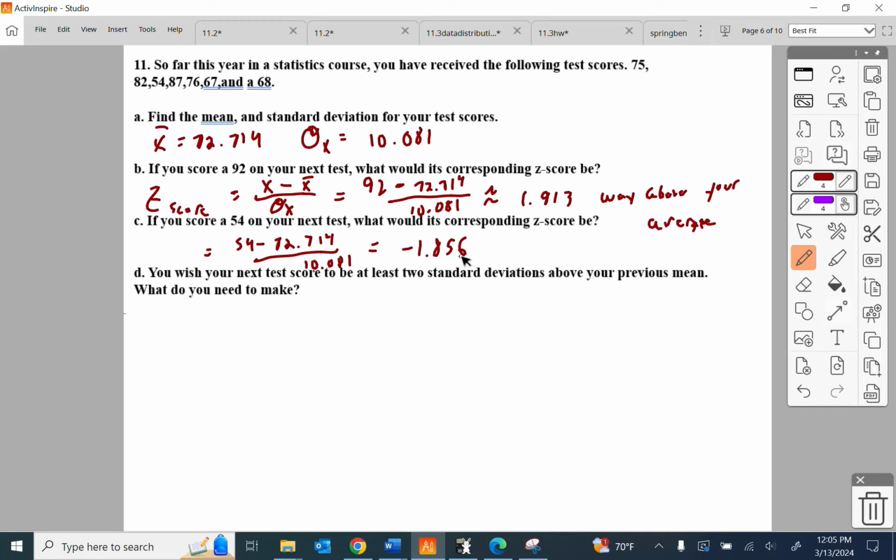Alright, if you wish your next test score to be at least 2 standard deviations above your previous mean, what do you need to make? So your previous mean was 72.714, and you're going to add 2 of those 10s. You're going to see what that is.